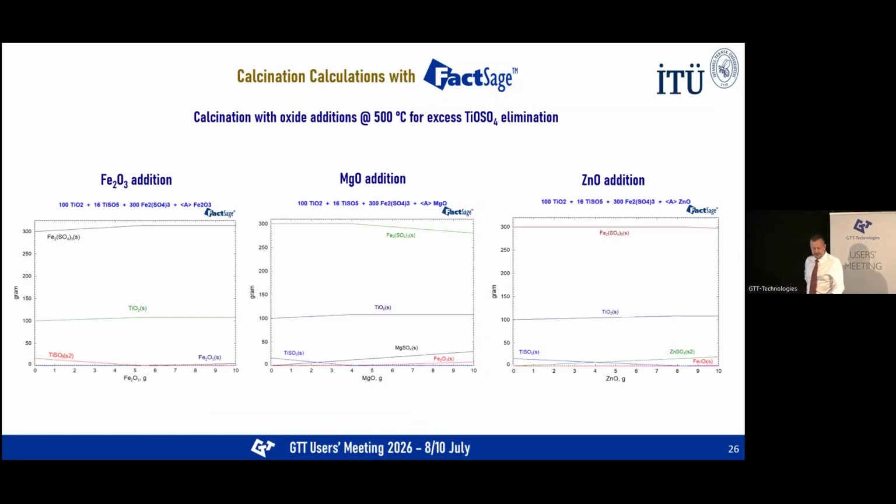investigate the effect of several oxide additions during the calcination process, such as iron oxide, magnesium oxide, and zinc oxide. This calculation showed that the available additives could promote the complete conversion of titanium oxysulfide to titanium oxide just before the leaching process.